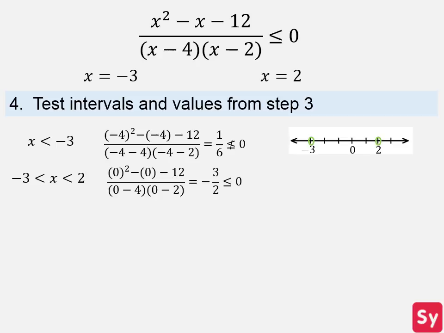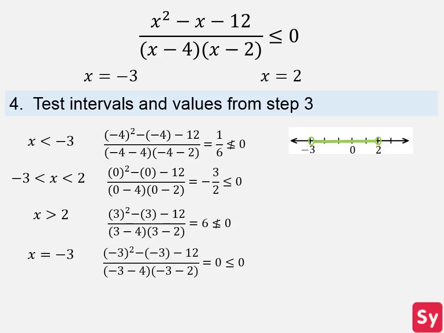We use 0 as our test point and see that negative 3/2 is less than or equal to 0. So this is a solution and we will mark this interval on the number line. Next, we test x is greater than 2. We test 3 as our test point and see that 6 is not less than or equal to 0. So this is not a solution.